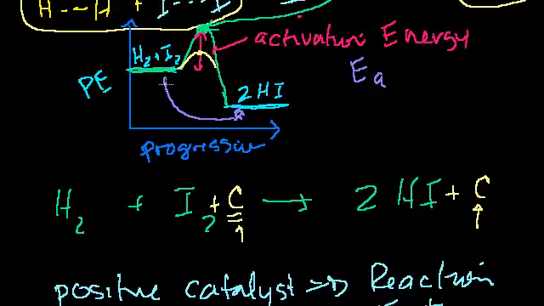Well, remember, in a gas, the kinetic energies of all of the molecules are not uniform. Some molecules will have higher kinetic energy, some will have lower. Temperature just gives you the average. So there's always some probability that two high kinetic energy molecules will bump into each other just perfectly, and have enough kinetic energy to get into the activation state, and then they can go to the lower state, which is the hydrogen iodide.